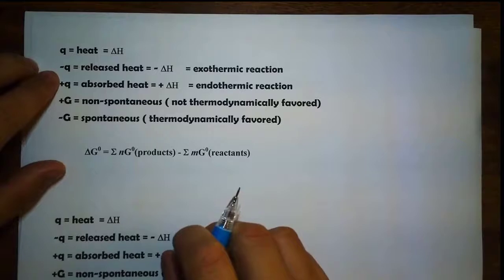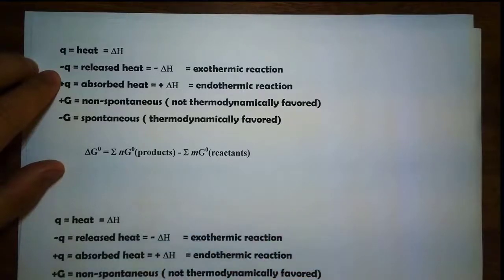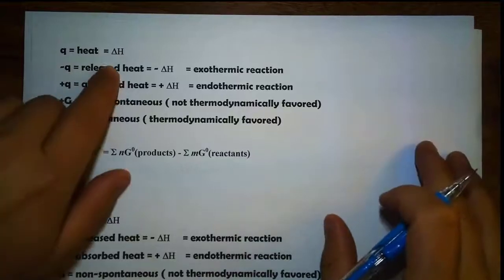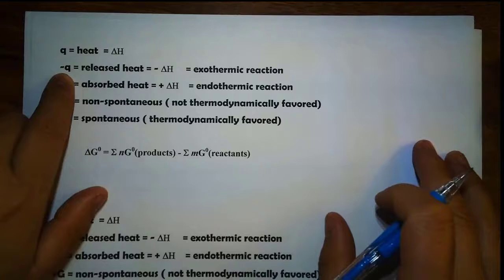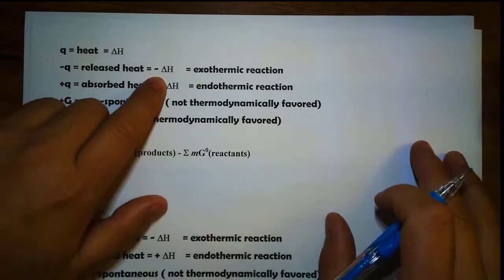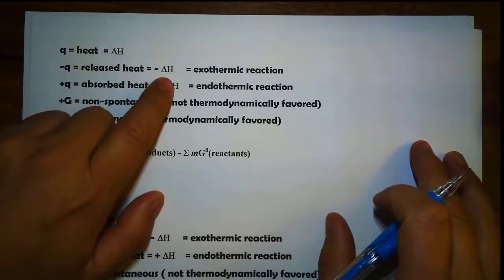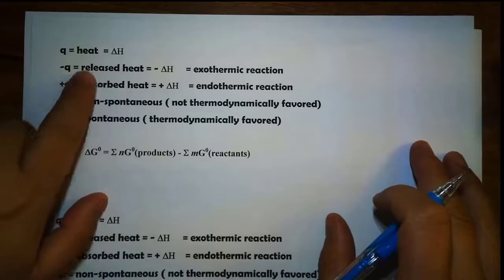Now we also learned that negative Q means the system is losing or releasing heat. So we can make a relationship: if I have negative Q, or negative heat, therefore I must have negative delta H. Negative delta H and negative Q mean releasing heat.